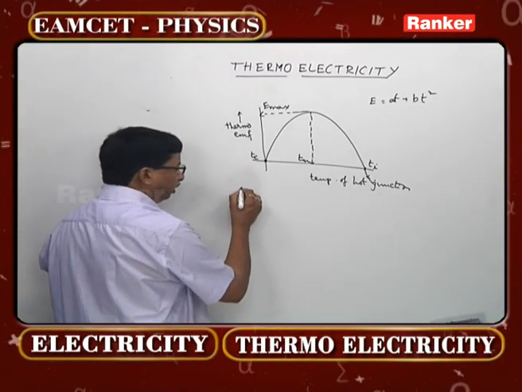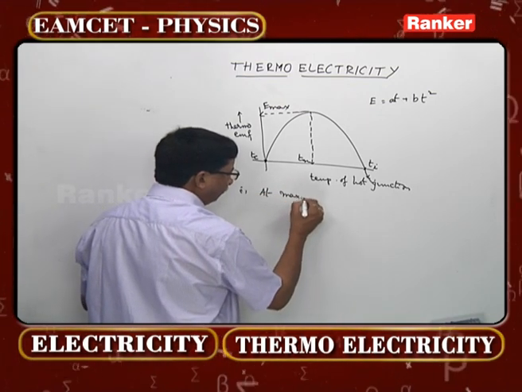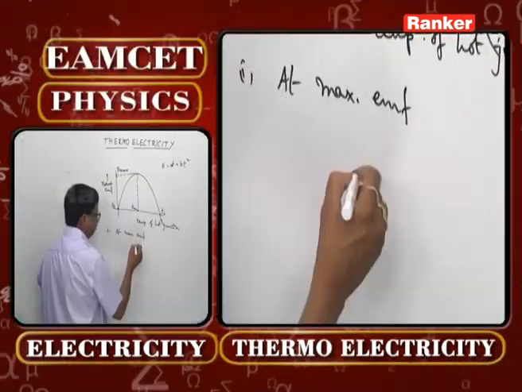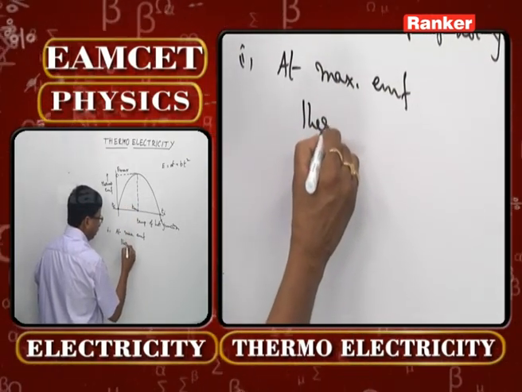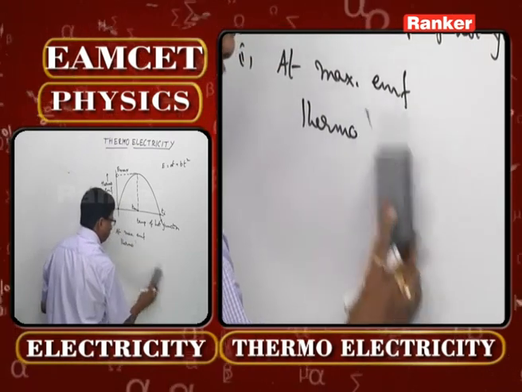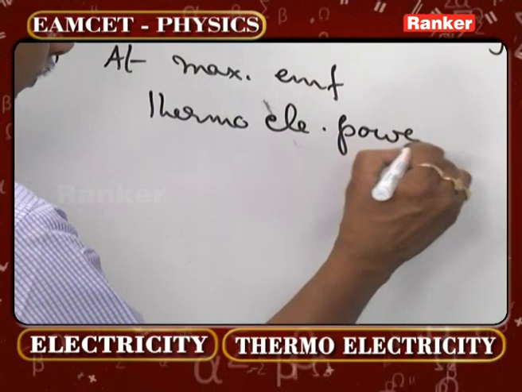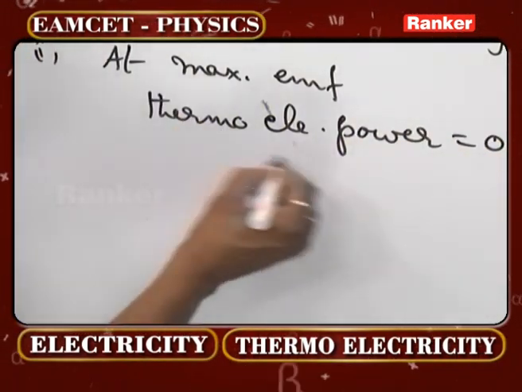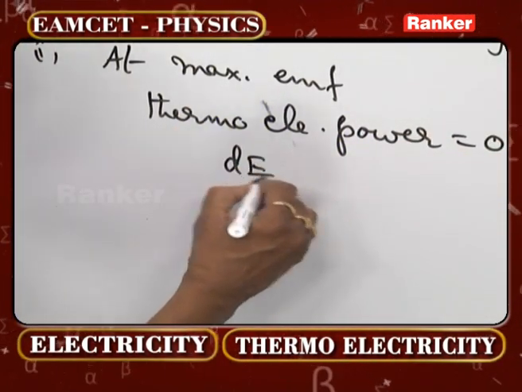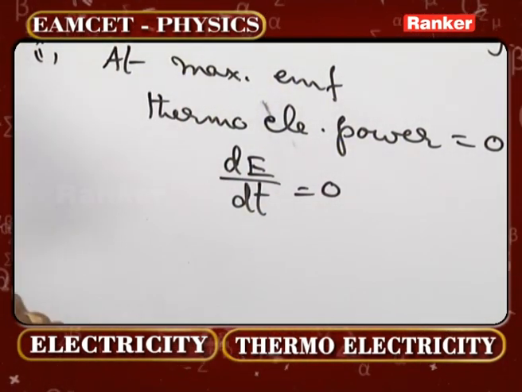The very first condition is this: at maximum EMF, what is the condition? The thermoelectric power will be 0. What is thermoelectric power? dE by dt will be 0 at maximum EMF.